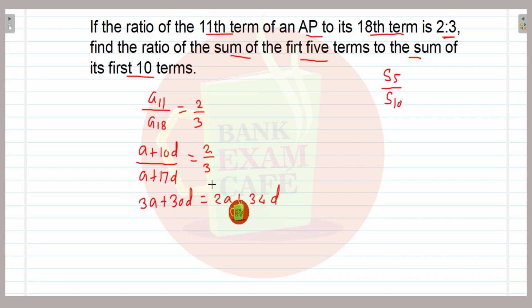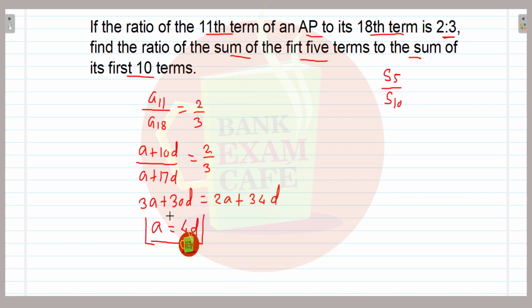Take 2A to this side, that will be minus 2A, 3A minus 2A is A, and 30d to this side, it will be 34d minus 30d, that will be 4d. So you have got A is equal to 4d.